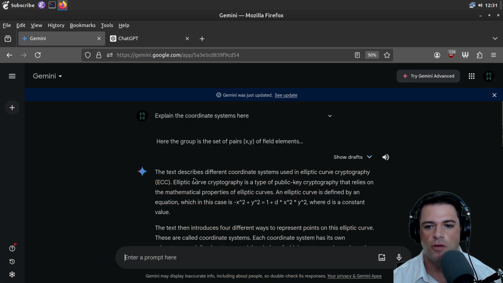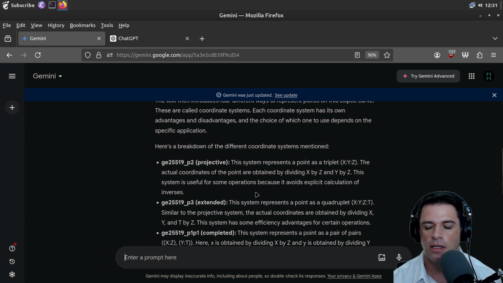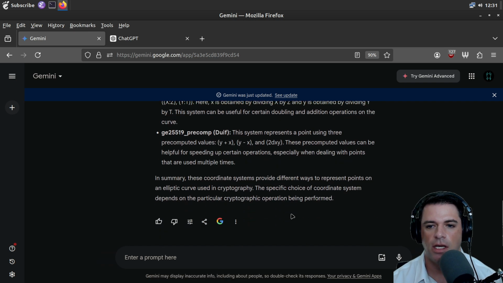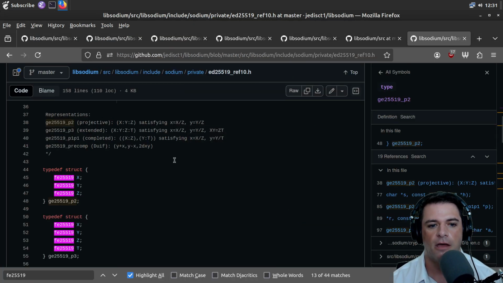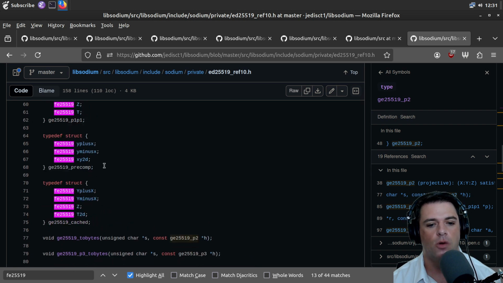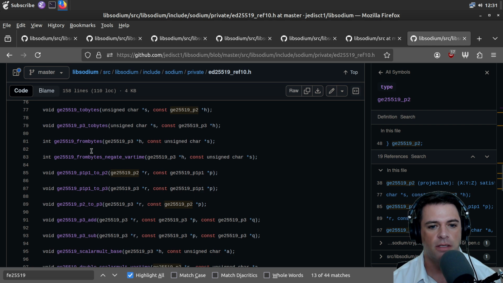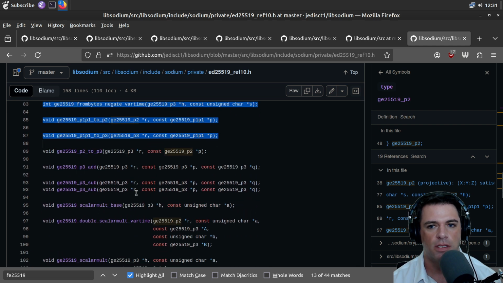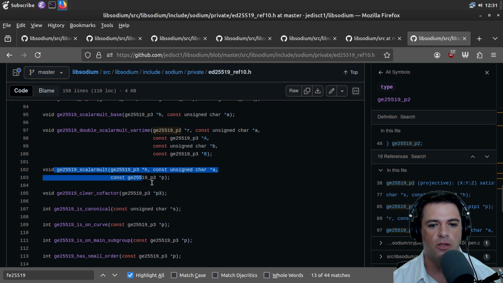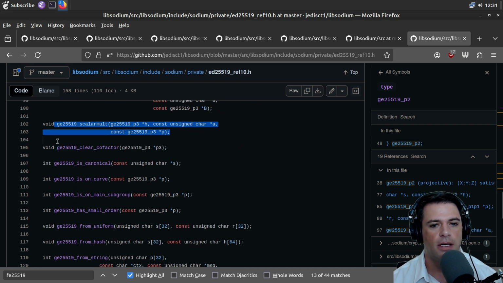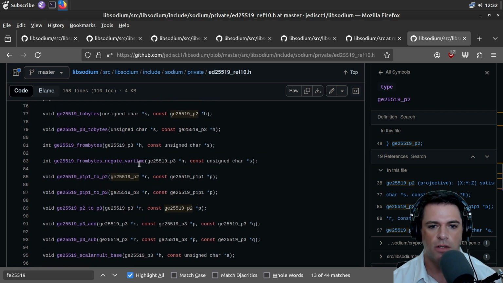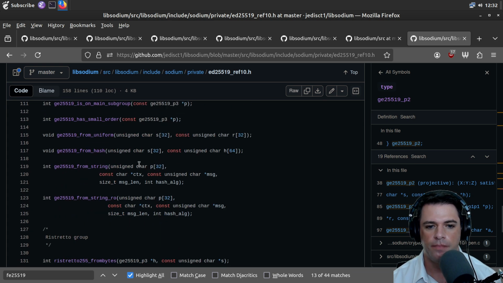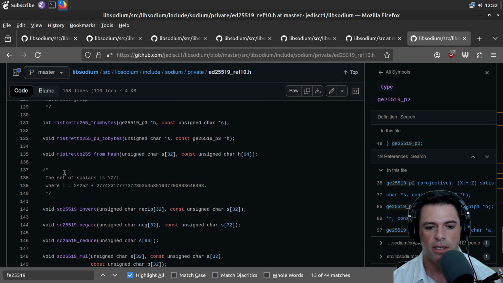Okay, so that's useful. What does Gemini say? It's saying it's more efficient. Okay, great. So we have these different coordinates. We can convert them to bytes, and convert between the coordinates. This is just the header, so we don't see the implementation. You can do things like scalar multiply, clear a cofactor, check whether the coordinate is canonical, et cetera.